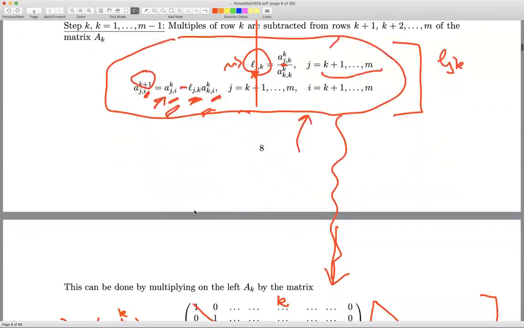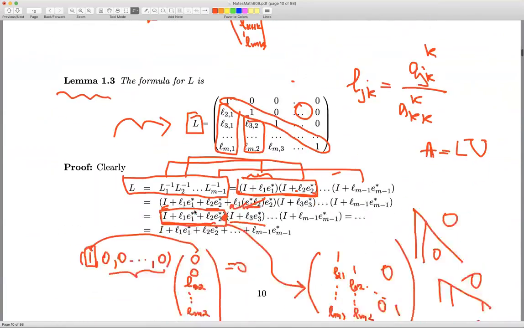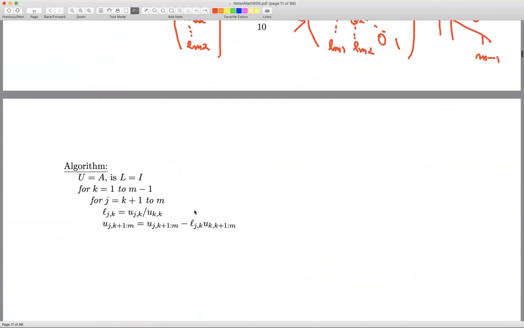And these two rows are programmed in here as a semi-algorithm without any use of any particular language. What we start with is that the matrix we would like to end up with, U, we set first to be equal to the matrix A, and the matrix L to be equal to the identity, and then we gradually populate the matrix L. So we start with k from 1 to m minus 1, and then the index j is from k plus 1 to m.